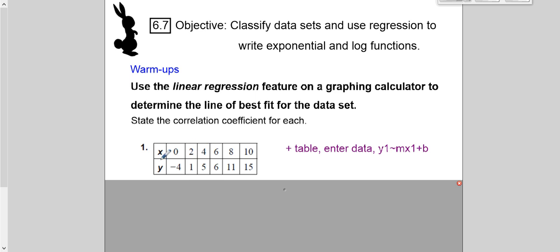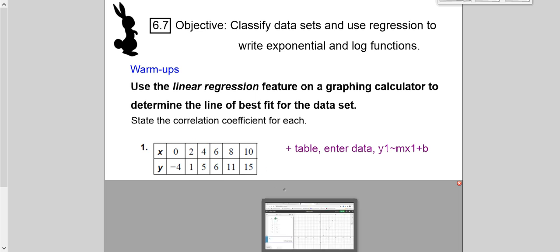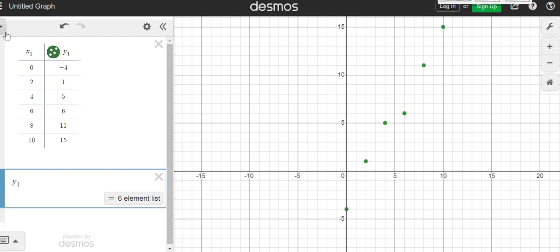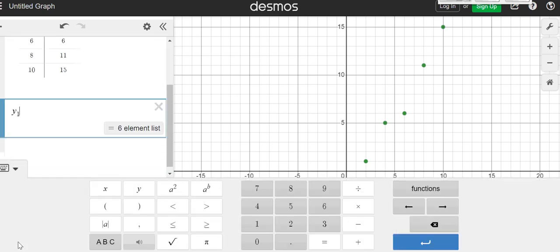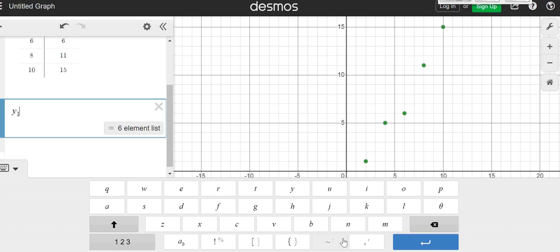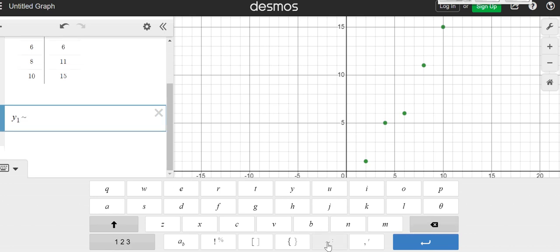So write down your x's, write down your y's, enter these on Desmos. You will click add a table, then you enter your numbers. Below that, you put in y1 is approximately equal to. You have a button above your tab bar that'll give you the little squiggle, or you can open the keyboard and click on the ABC and get the approximately equal to button right here.